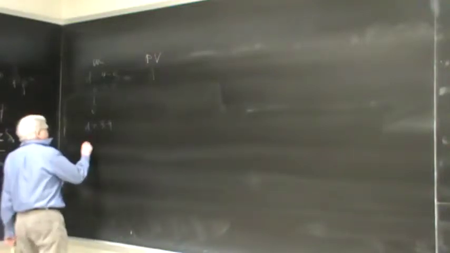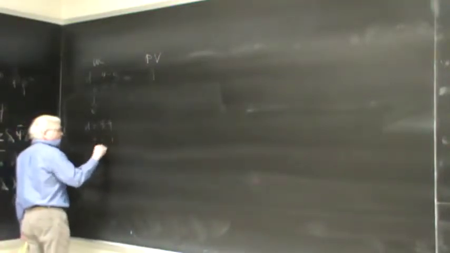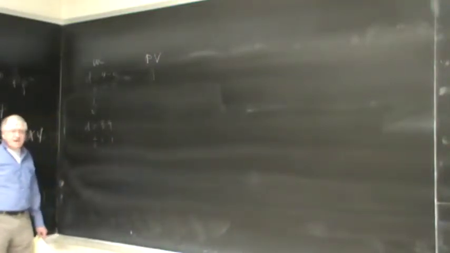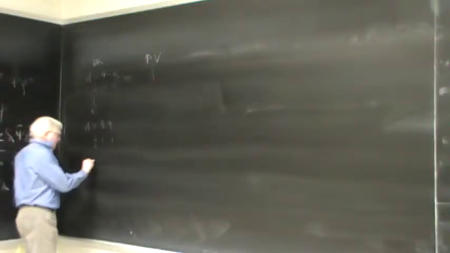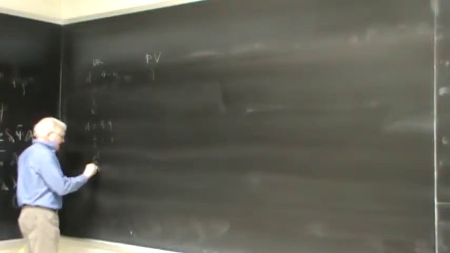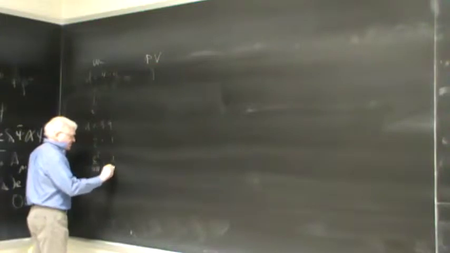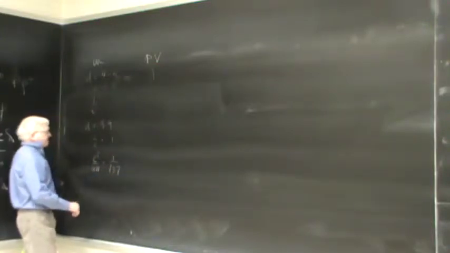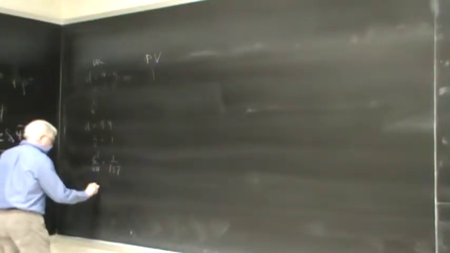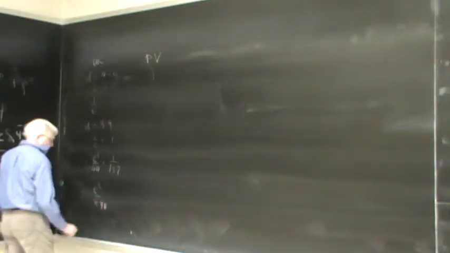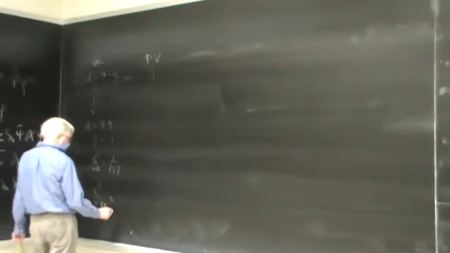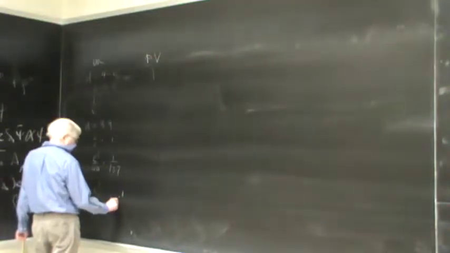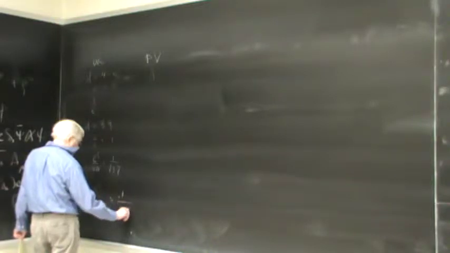So 1 over epsilon then is 0.1. And now, what's e squared? Well, e squared over 4 pi is 1 over 137. So if we have something like e squared over 4 pi epsilon, this is basically 1 over 130.